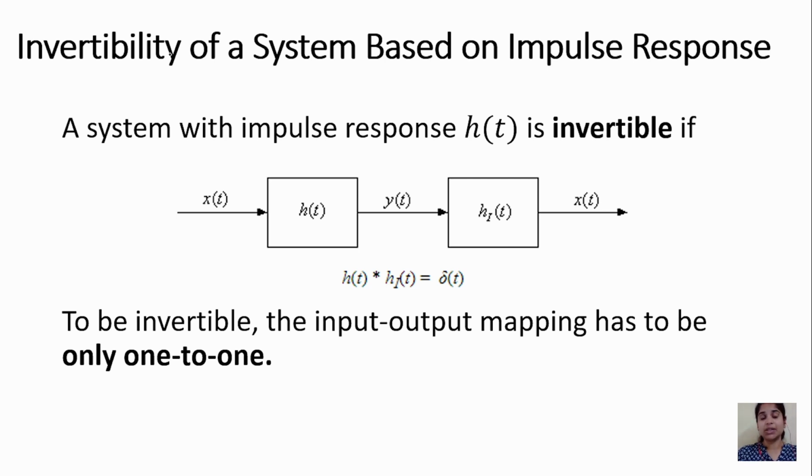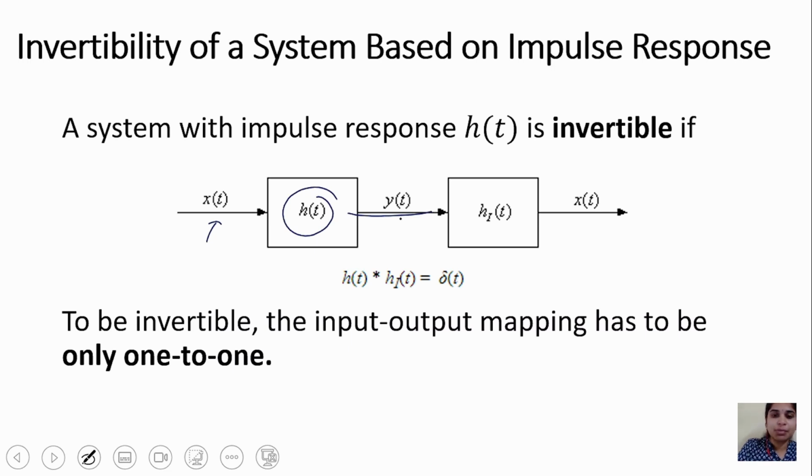So we are checking the invertibility of a system based on the impulse response. A system with impulse response h of t is invertible if we are able to find another system with an impulse response hi of t such that we get the output as x of t. Basically we have input x of t, the system is h of t, and the output is y of t.